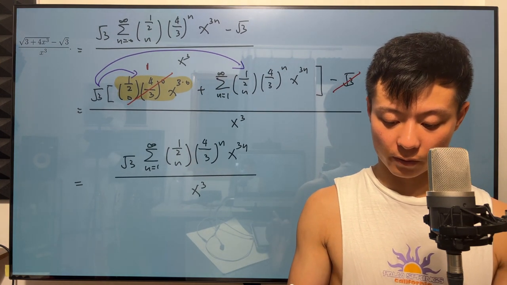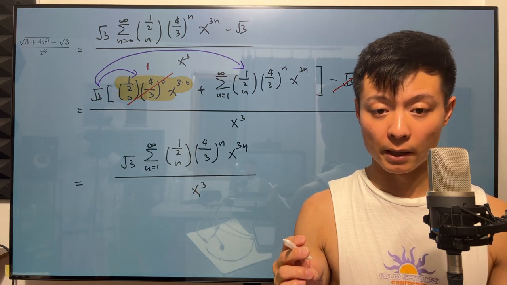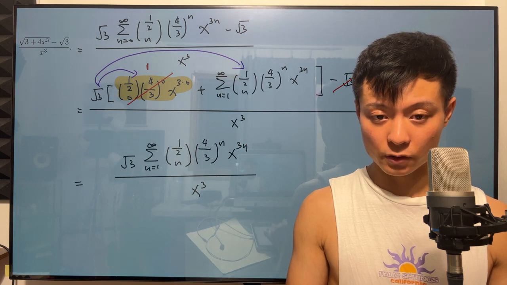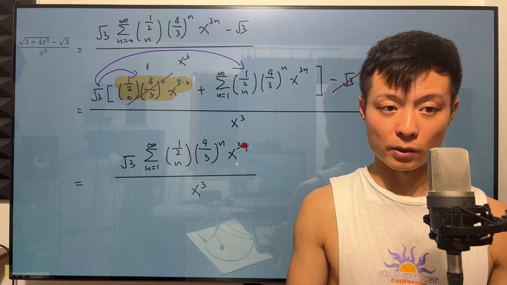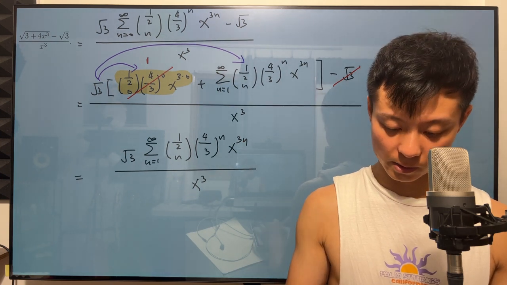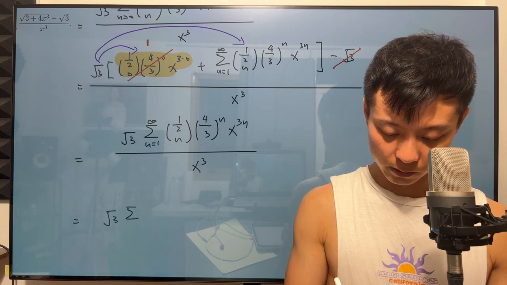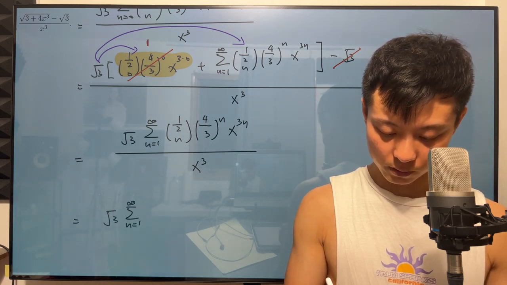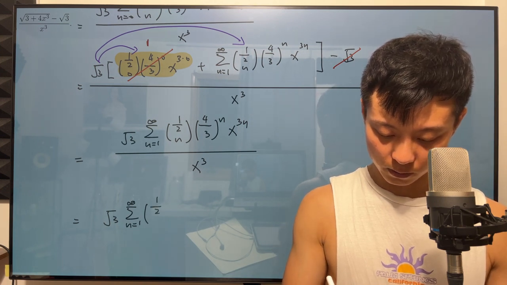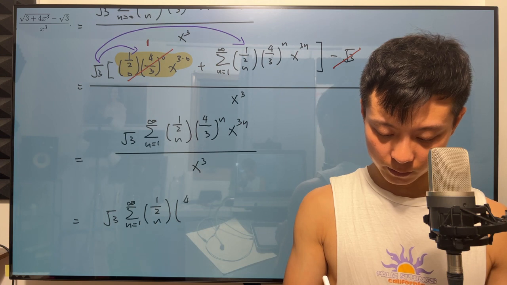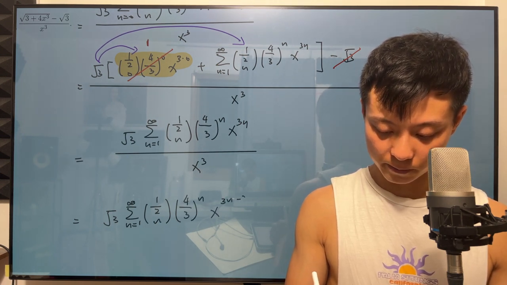And because this x and x are the same, right? When you have the same base and you do the division, you can just subtract the exponent on the bottom from the exponent on the top. So we're going to subtract the exponents, which leaves us with (1/2 choose n), (4/3)^n, and x raised to the power 3n minus 3.